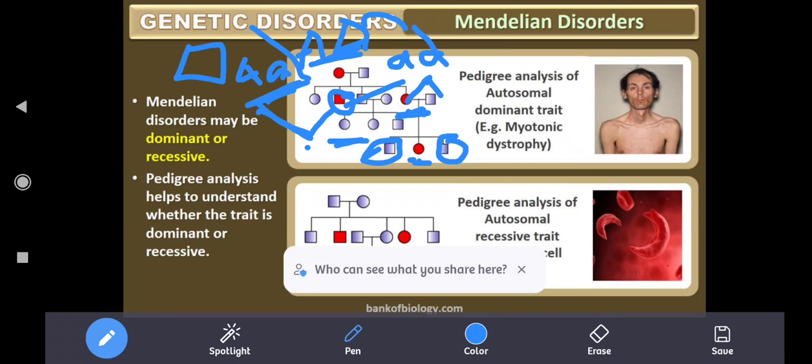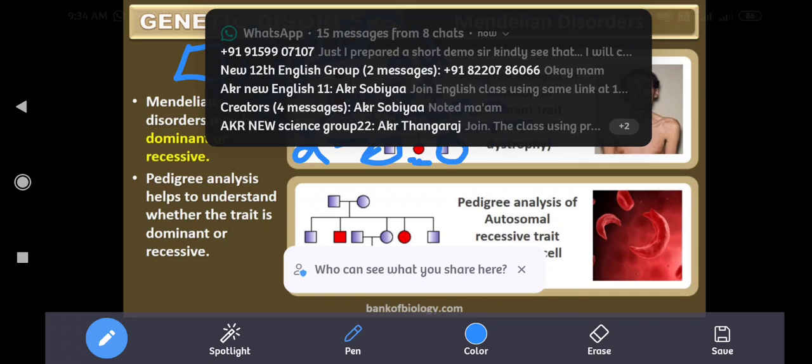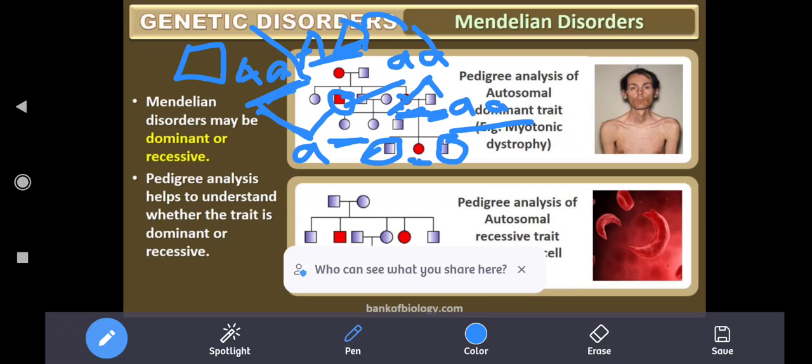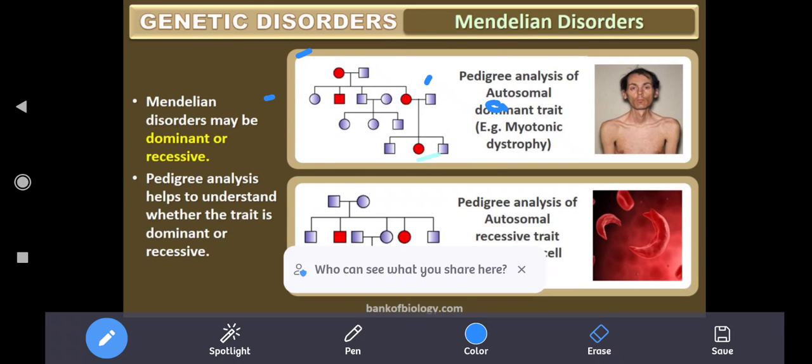Since one is affected, she might be receiving one dominant allele from the female, and since he is a normal person, one recessive allele is received by this girl. Therefore this girl shows the affected trait. So this is how the dominant trait expresses.